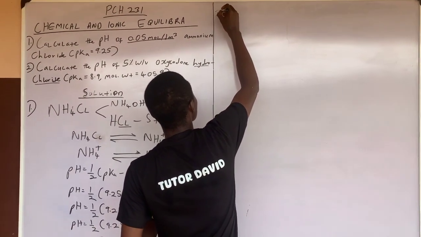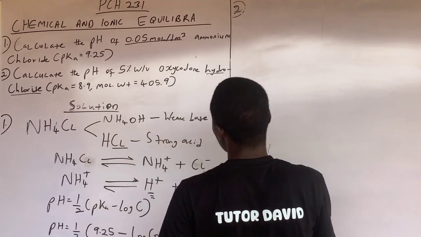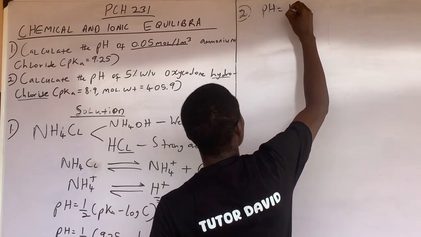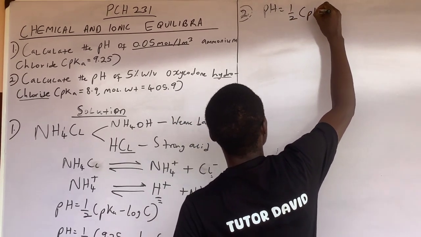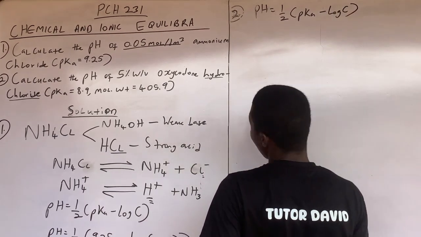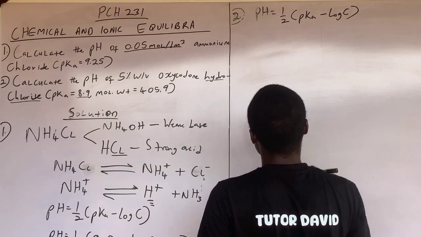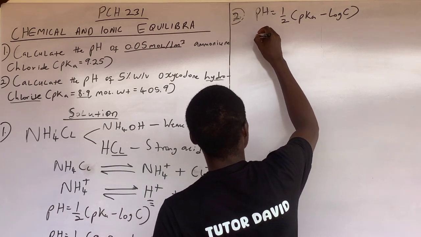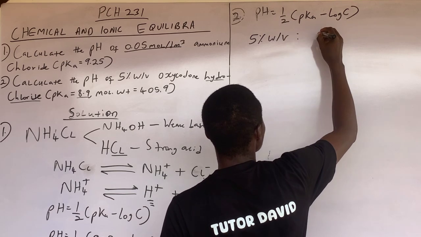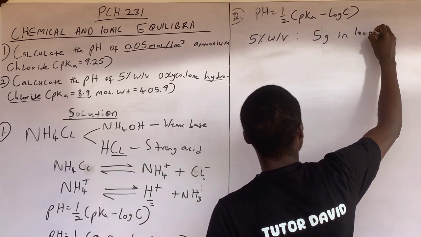For oxycodone, in the resource material you have, you see the structure of oxycodone. For oxycodone hydrochloride, our pH is equal to 1/2 (pKa minus log C). We know our pKa to be 8.9. What we need is our C. Our concentration is 5% weight per volume, which simply means 5 gram in 100 mL.